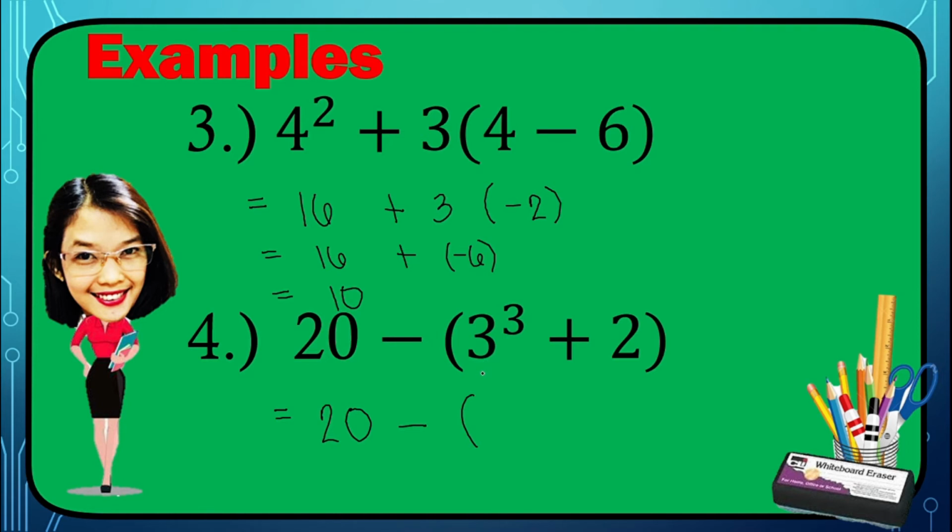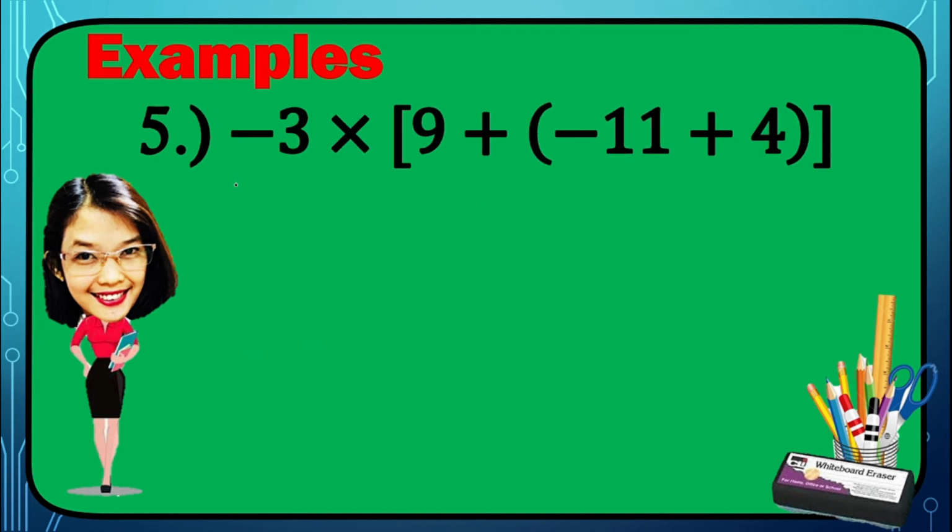So 3 times 3 is 9, times 3 is 27, plus 2. So we'll have here 20 minus 27 plus 2, we have 29. And 20 minus 29 will be negative 9.